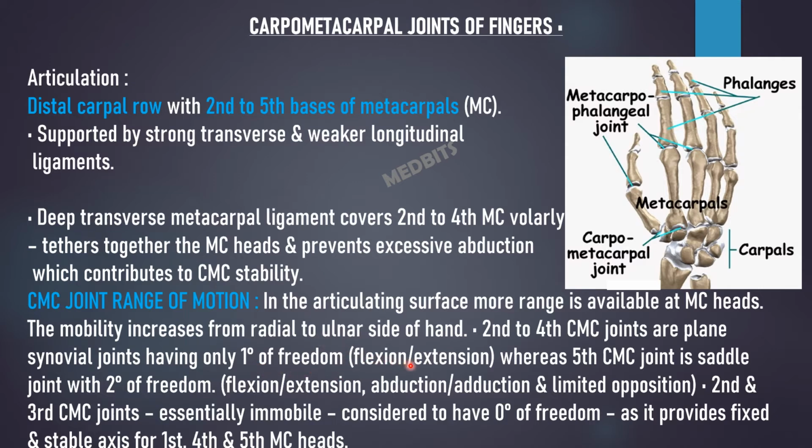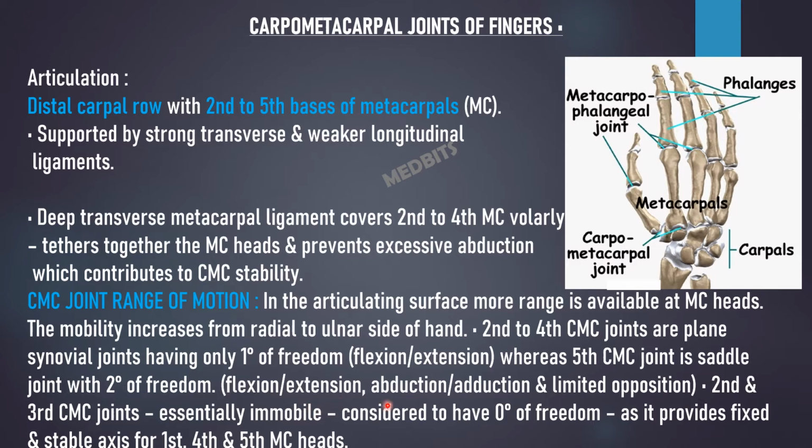Second to fourth carpometacarpal joints are plane synovial joints having only one degree of freedom, flexion and extension, whereas the fifth carpometacarpal joint is a saddle joint with two degrees of freedom, flexion and extension, then abduction and adduction, and limited opposition.